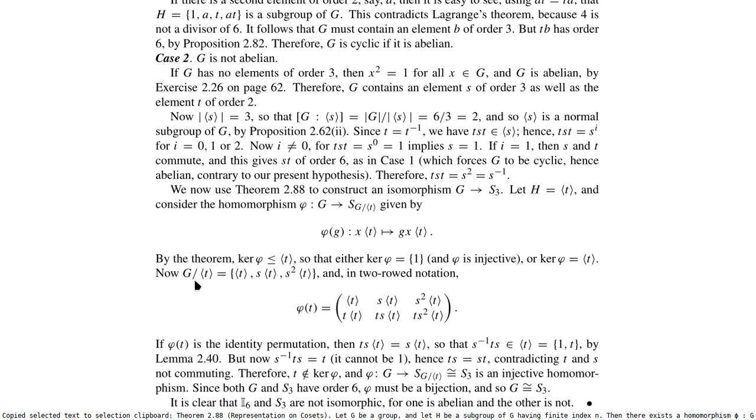Because if you think about it, if phi is injective, the only thing you're left with is the identity. There's nothing else that you will be able to have as the kernel, right? Because nothing else maps to the identity. But the other case is when the kernel is going to be the cyclic subgroup itself.